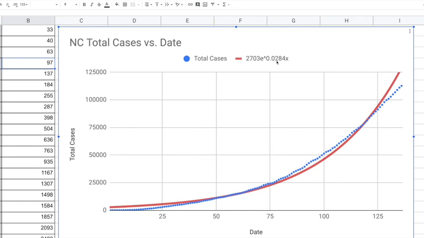So Florida's caseload is increasing at 88% continuously right now, whereas North Carolina is only growing at 3%. So that's why North Carolina is in better shape than Florida is right now. So that's how spreadsheets are useful to analyze information.